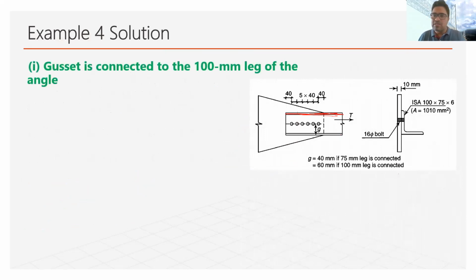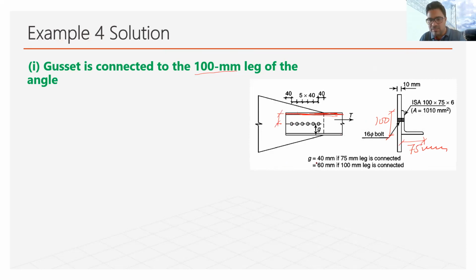Now we will consider the first case when the gusset plate is connected to the 100 mm leg, which means in case 1 this is the connected leg, this value will be 100 and this leg will be 75. Okay, so in case A, the 100 mm leg is connected.